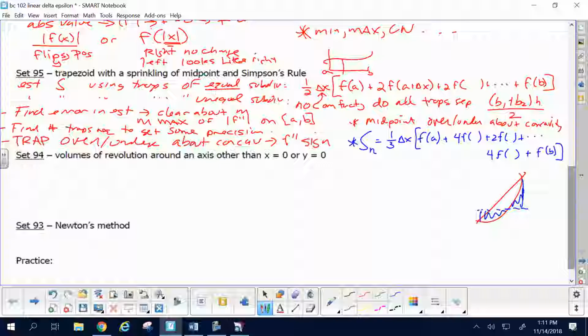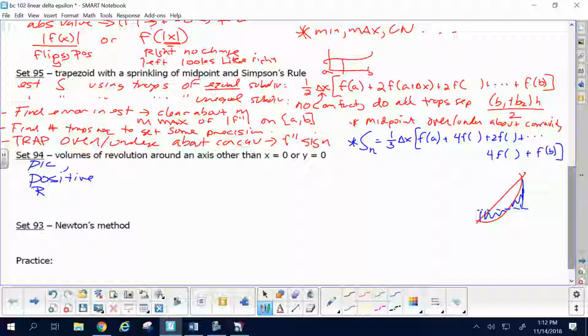Last but not least, nope, not last but not least, set 94, volumes of revolution. Please give me a picture. It's got to be positive answers. If you're getting a negative, it's because you did it wrong. Don't just change your answer to positive. That takes me off. Find why it's negative and fix that.